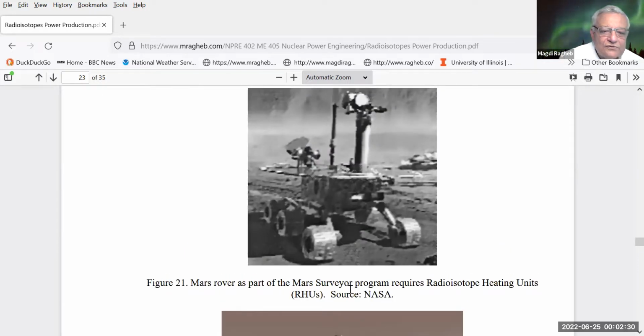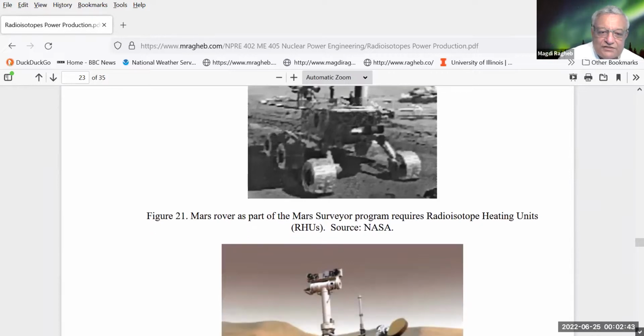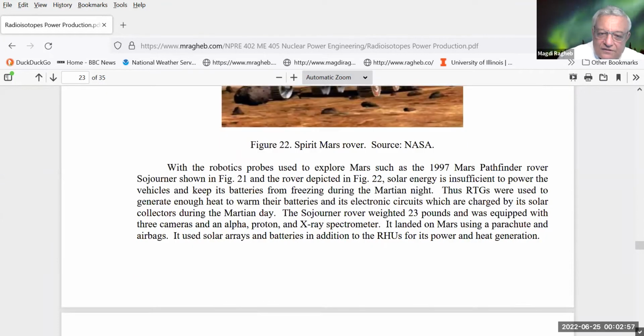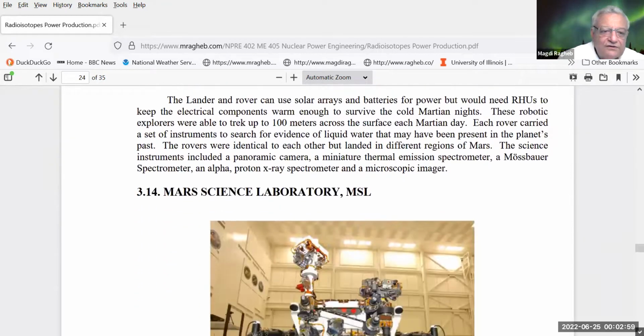This is a Mars rover from part of the Mars Surveyor program. And in that case, because it has solar collectors here, it required radioisotope heating units. The Mars Spirit, that's named Spirit device here, has photovoltaics also. It required the RHU units, heat generation units, to keep the electronics warm in the night of Mars.